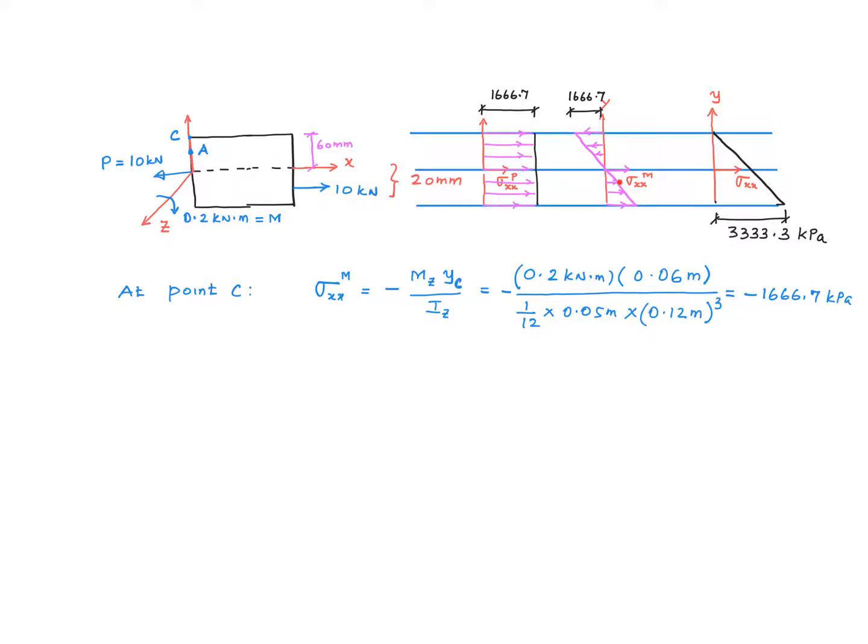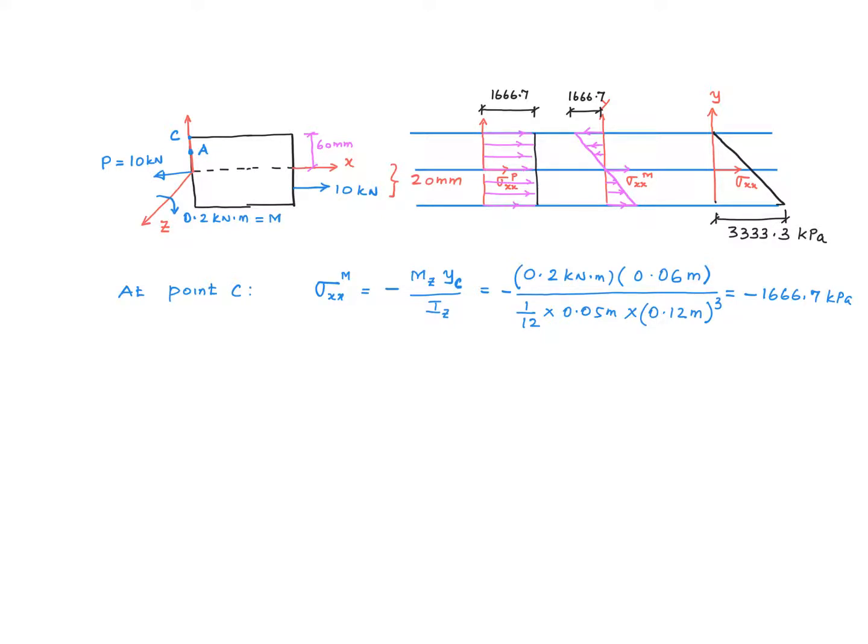The variation of the bending stress is linear across the cross-section with a value of 0 at the centroid and a maximum compressive stress at the top of the beam. And the magnitude of that is 1666.7, and here are the calculations for that. And at the bottom of the beam you have a tensile stress whose magnitude is exactly equal to this.